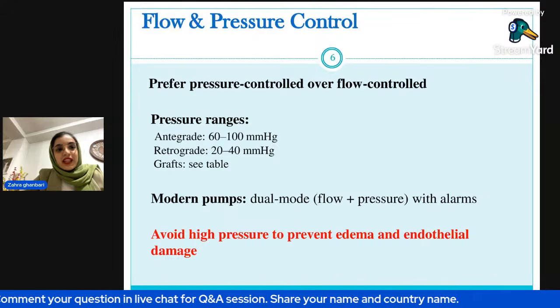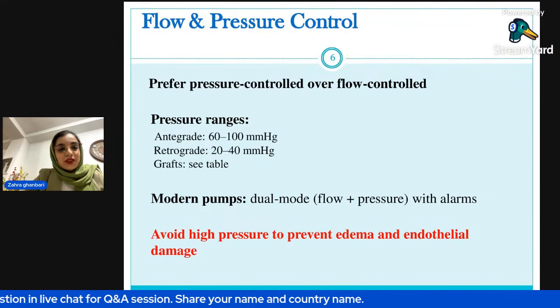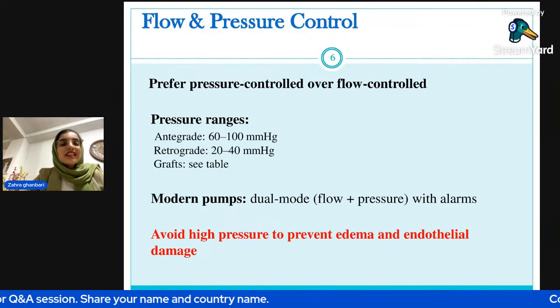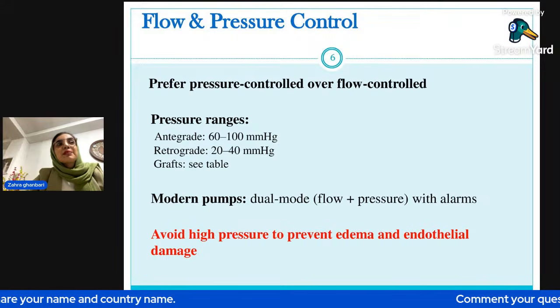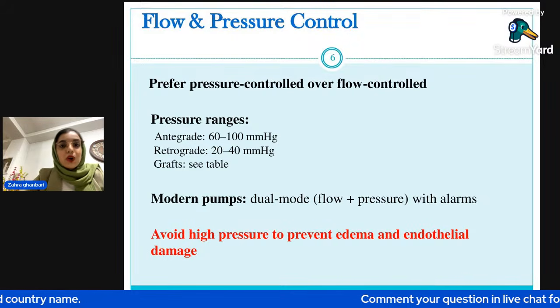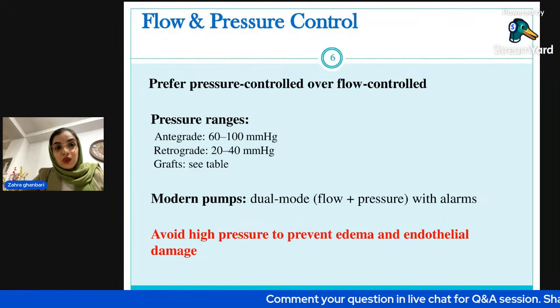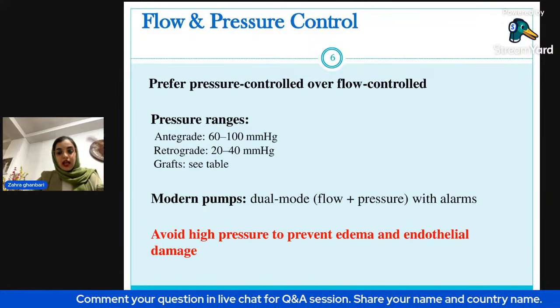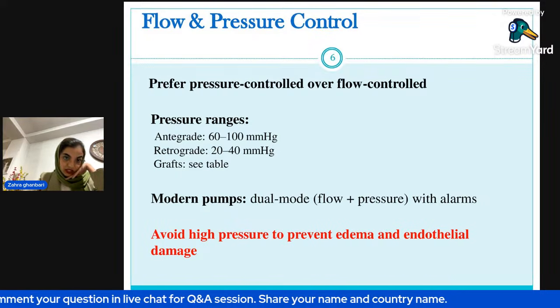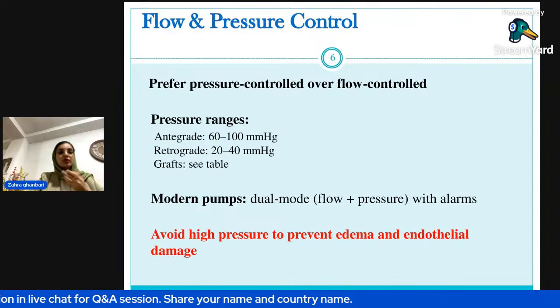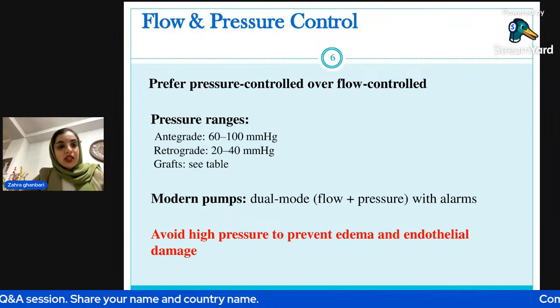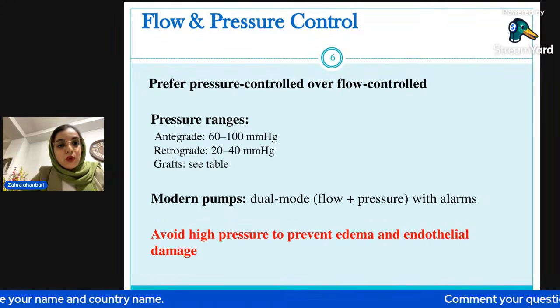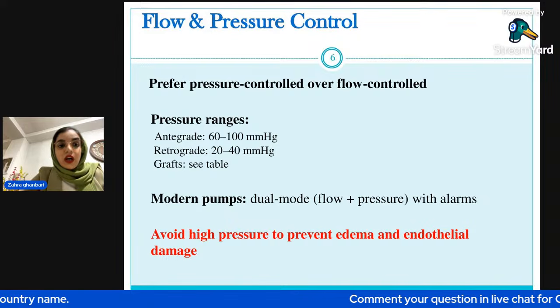Thank you. Flow and pressure control. This slide discusses that pressure control is more important than flow control, because even if flow is low, higher pressure can damage the graft. There are modern pumps that have dual mode for flow and pressure with alarm.